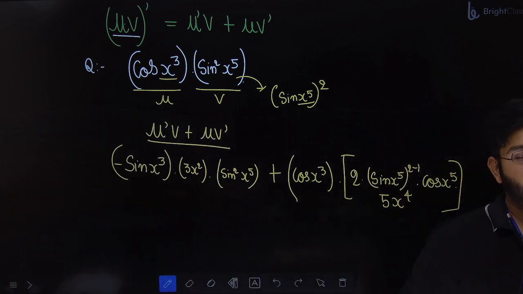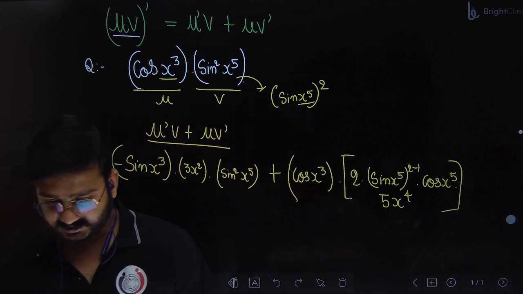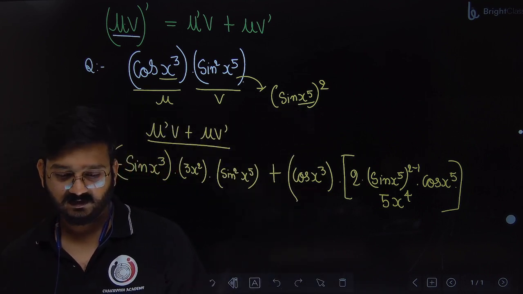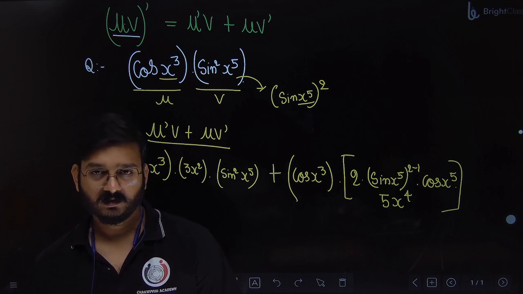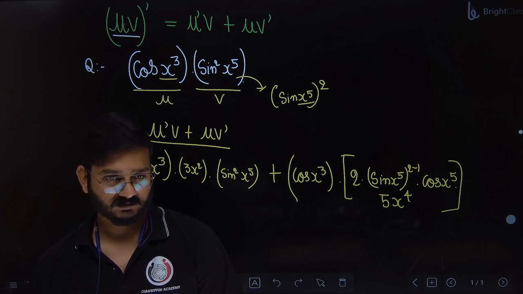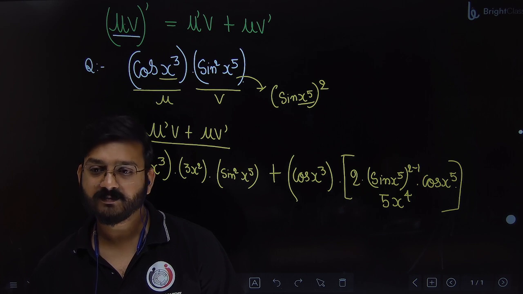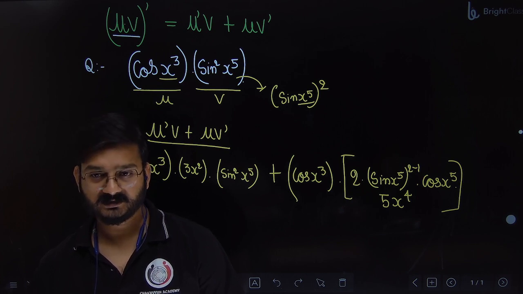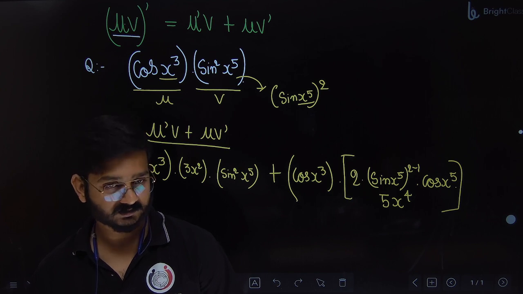Now, one point I forgot to discuss. I told two things, right? That if a function is continuous at a point, at the same point it can be differentiable or cannot be. Then the second point I told is the reverse: if I know that the function is differentiable, then it has to be continuous.